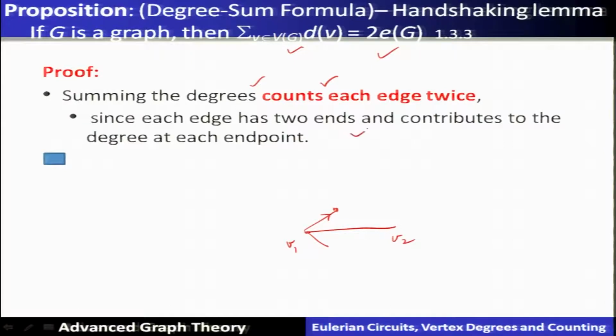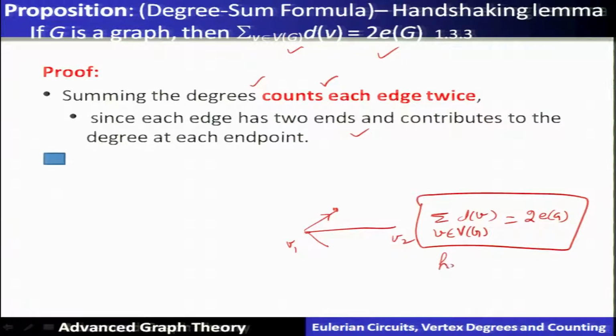Each edge has 2 ends and contributes to the degree at both the ends. Hence when we come up with the degree sum, that means we have ended up counting the edges 2 times. Hence this becomes the handshaking lemma. It is also called degree sum formula.